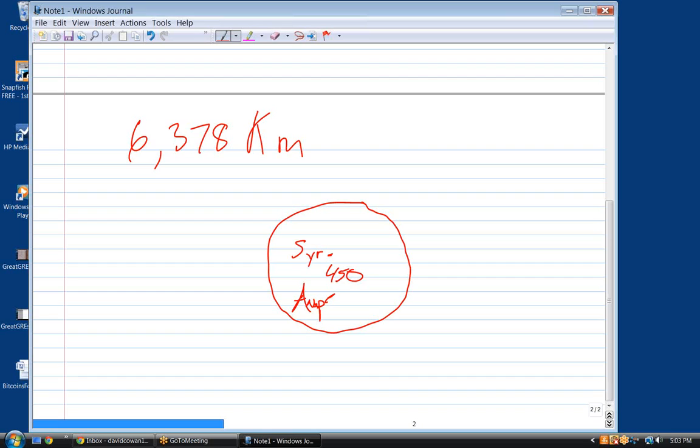If we look at this from the side, in other words, from a satellite view, we're looking at this measurement, this being the center of the Earth, and that being 450 miles. So the question is how many miles is 1 degree?